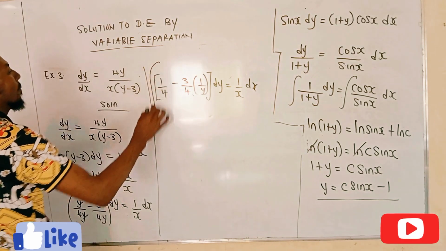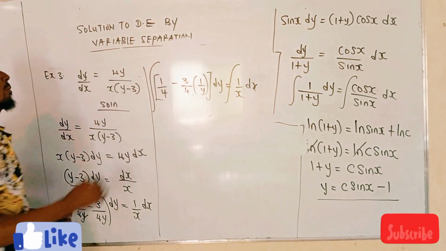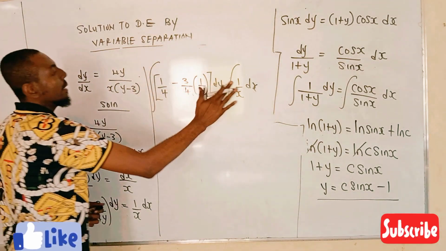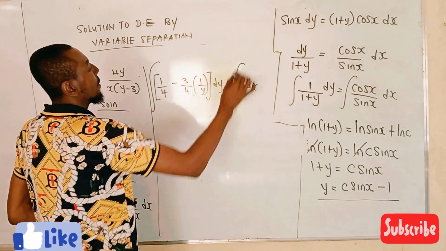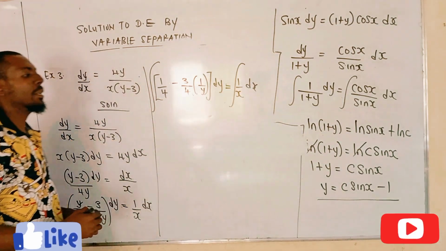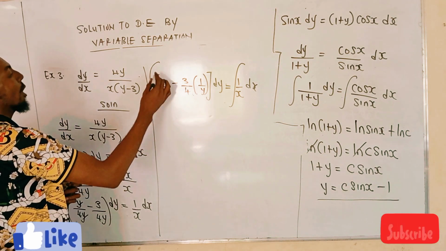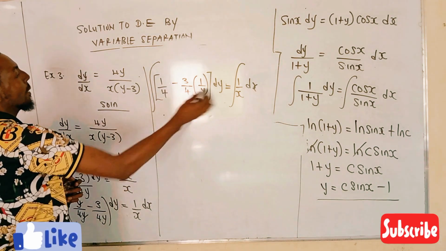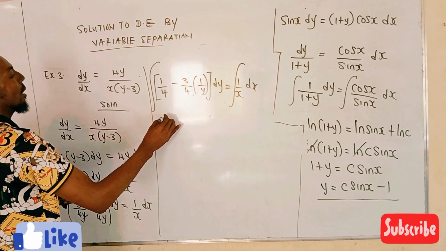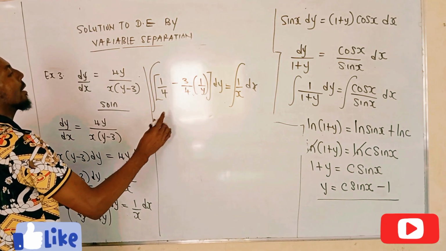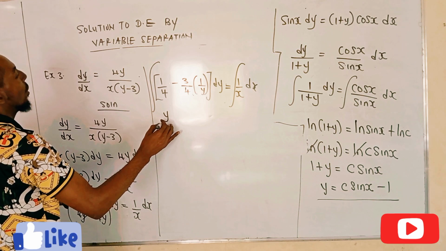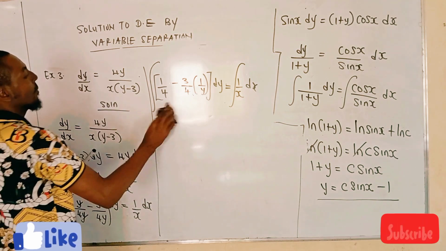So we can find the integral of both sides. The integral of 1 over 4 with respect to y is y over 4, or 1 over 4 y.